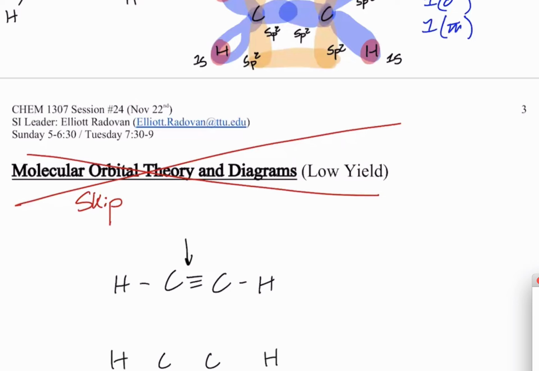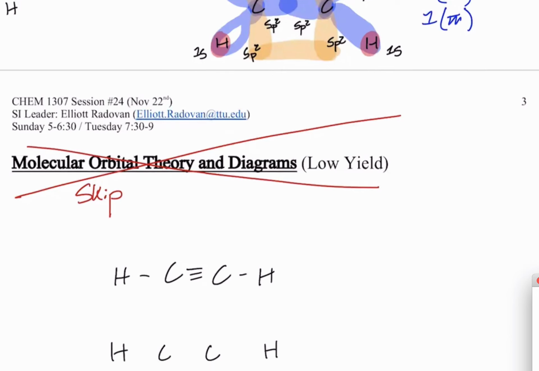So we know based off the Lewis structure, we're going to form a triple bond in between those 2 carbons, okay? So basically each carbon is bonded to 2 other things, so each one is going to be sp hybridized. So what I have is an sp hybridized orbital bonded to one of the hydrogens and bonded to the adjacent carbon.